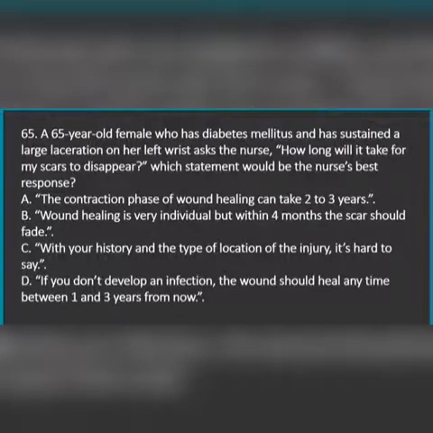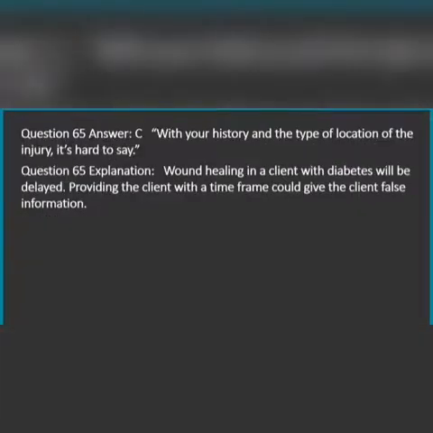B. Wound healing is very individual, but within 4 months the scar should fade. C. With your history and the type of location of the injury, it's hard to say. D. If you don't develop an infection, the wound should heal any time between 1 and 3 years from now. Question 65 Answer: C. With your history and the type of location of the injury, it's hard to say.